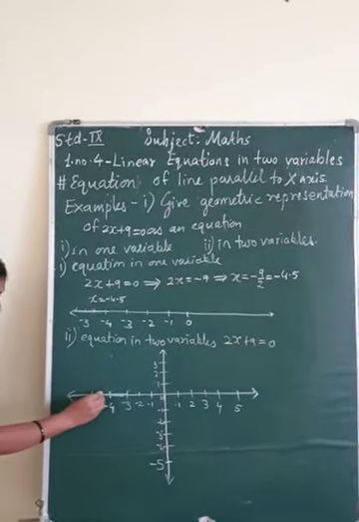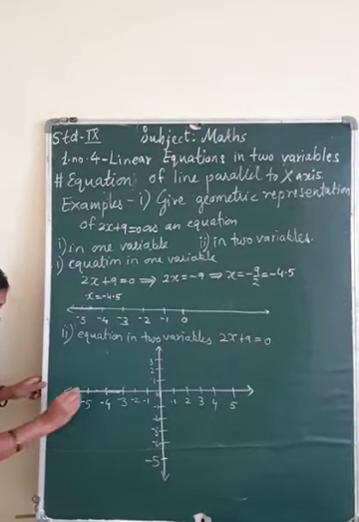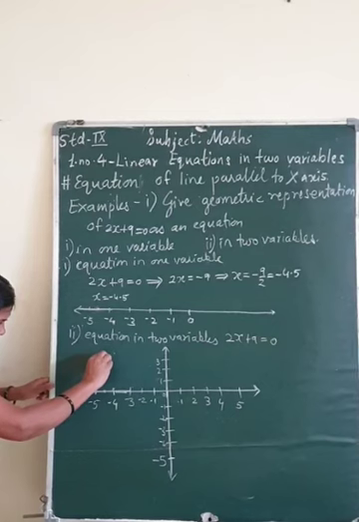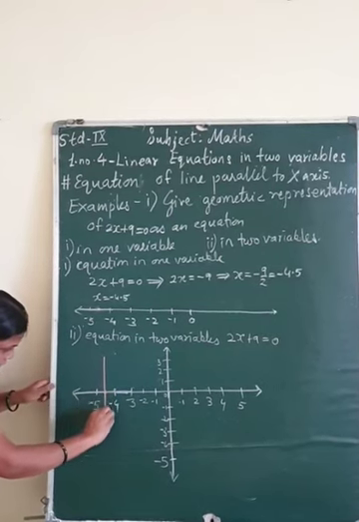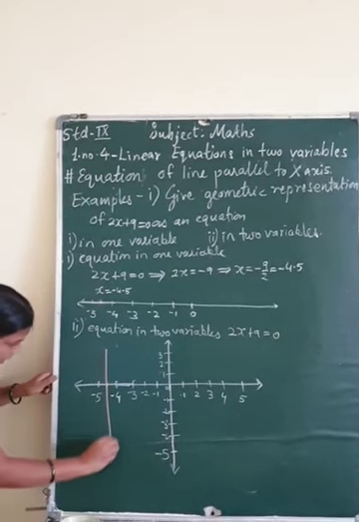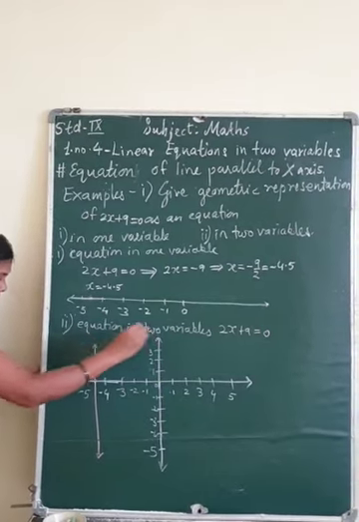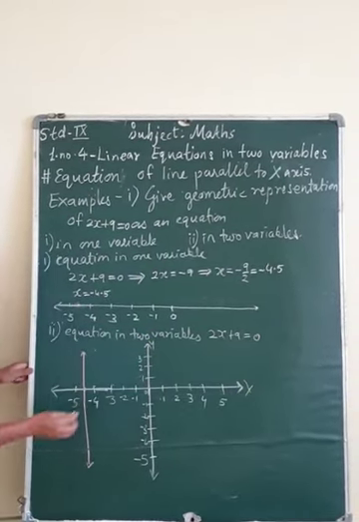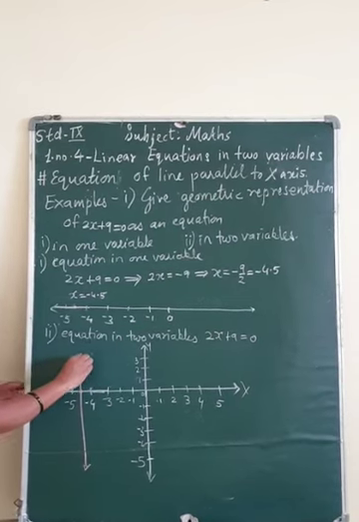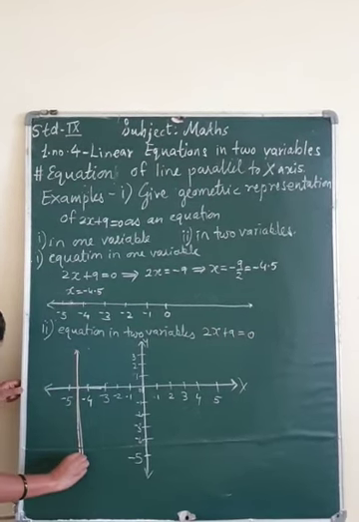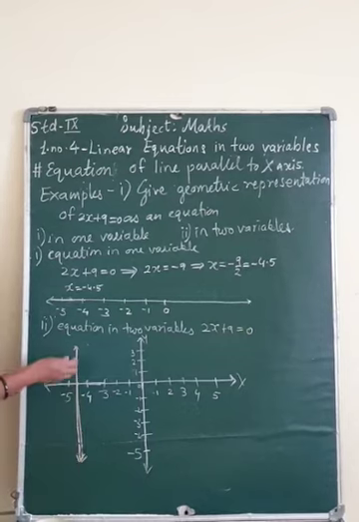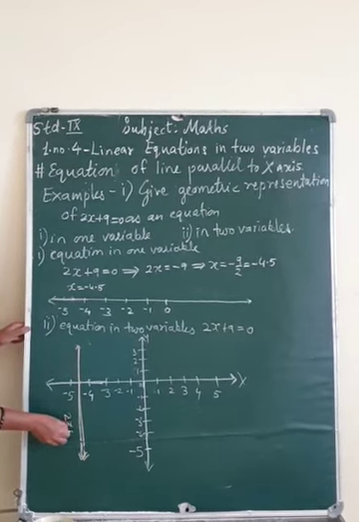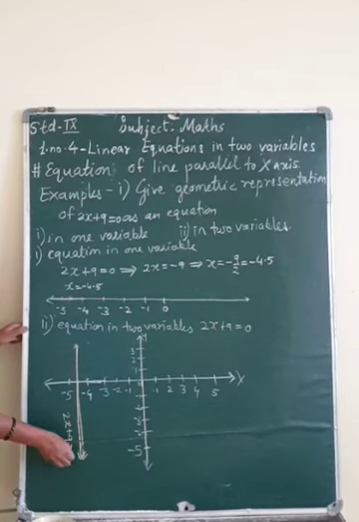So x is minus 4.5 here, and then a line will be drawn through this point which is exactly parallel to the y-axis. So this line is representing the equation 2x plus 9 is equal to 0.